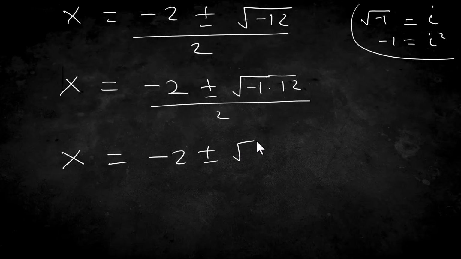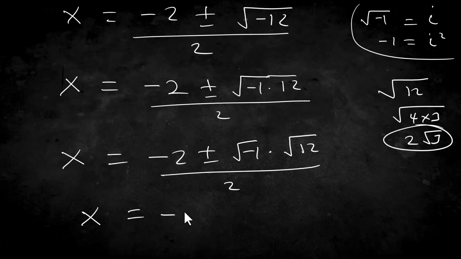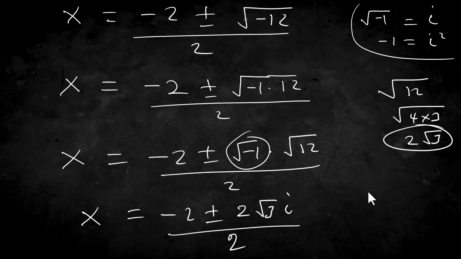So we have the square root of minus 1 times the square root of 12. Now the square root of 12 is the same as the square root of 4 times 3, so that will be 2 root 3. So we have minus 2 plus or minus 2 root 3 i, all over 2.